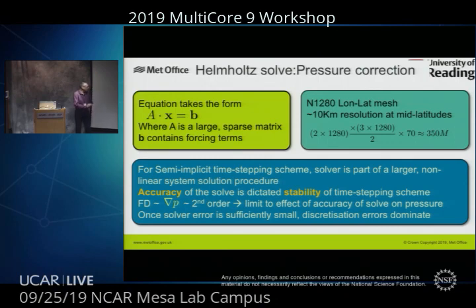And the Met Office Unified Model is a finite difference model, so, for example, the pressure gradient is at best second order, so there's a limit to the effect of the accuracy of solving on the pressure. In other words, once the solver error is small enough, other errors in the model dominate, like the discretization term, so there's no point in solving more accurately than that because it doesn't help you. So once we are sufficiently accurate that we are stable, then we're good.